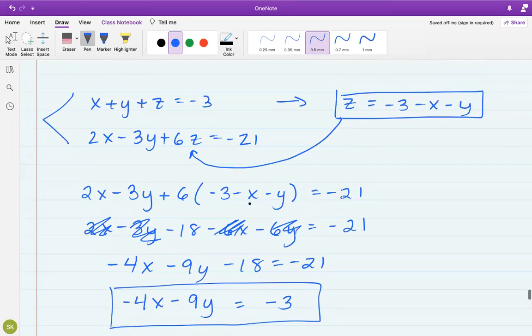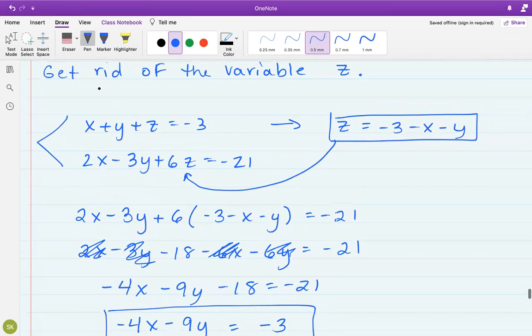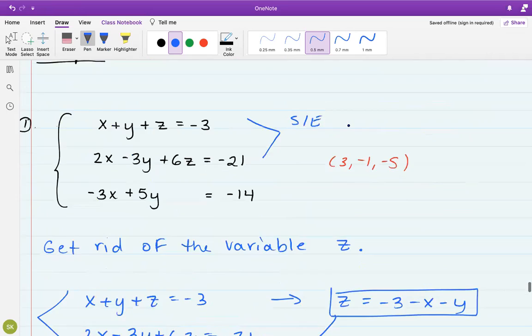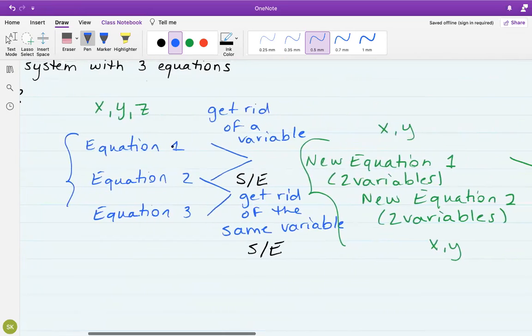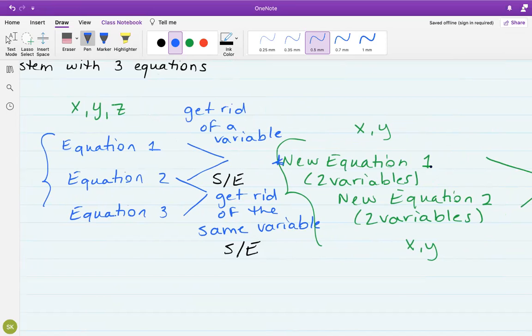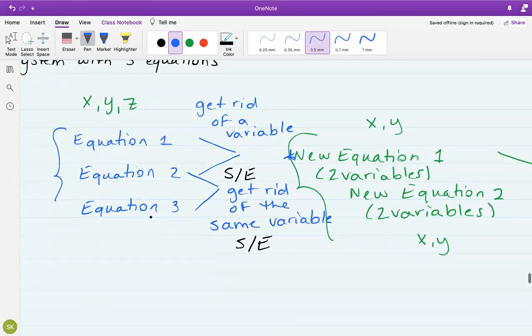So let's go back up to that little outline we had before. Right here. So I took equation 1 and equation 2. I got rid of z to make a new equation that is in two variables, and those two variables are x and y. Now, if equation 3 also had a z, I would take equation 3 and one of the other equations and get rid of that variable z as well.